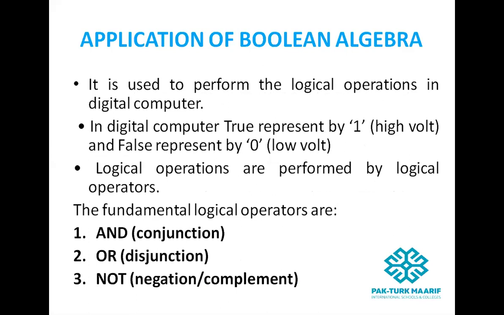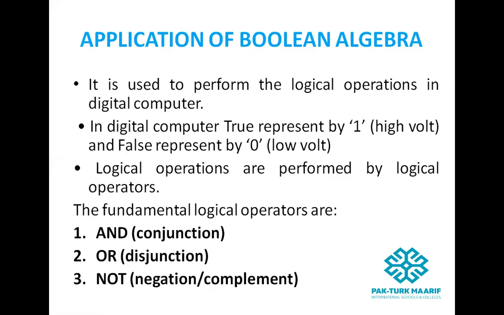Applications of Boolean algebra: where is Boolean algebra used? It is used to perform logical operations in digital computers. Now, what are logical operations? In a digital computer, true is represented by 1, as we know that yes or true is represented by 1.